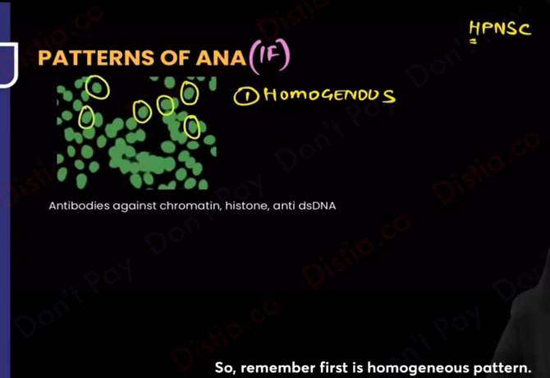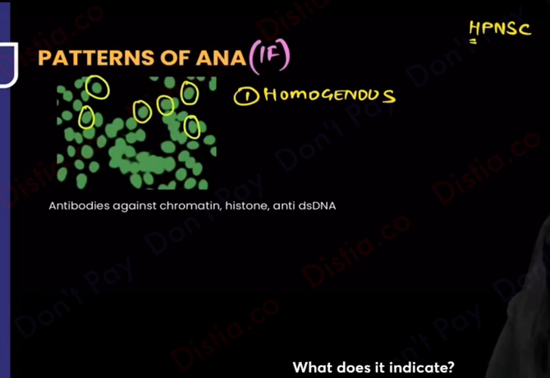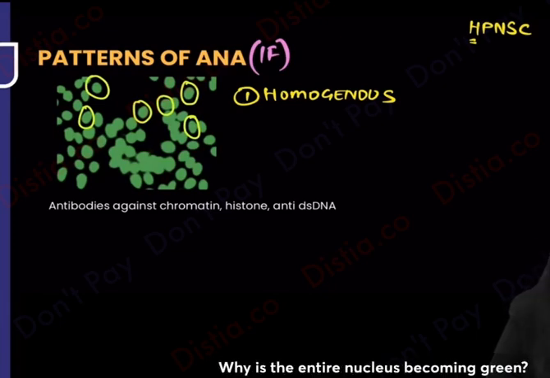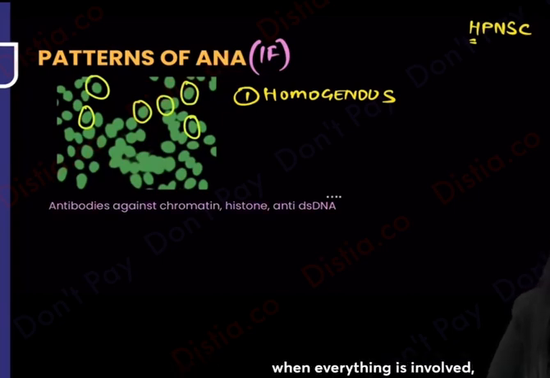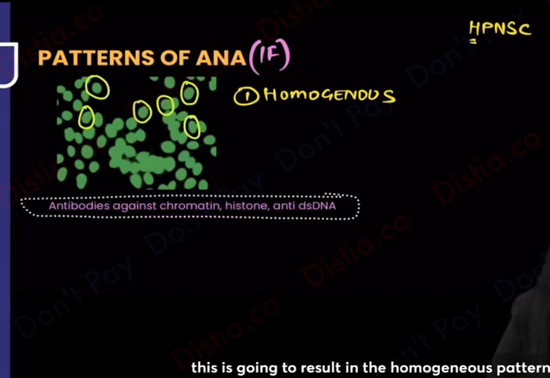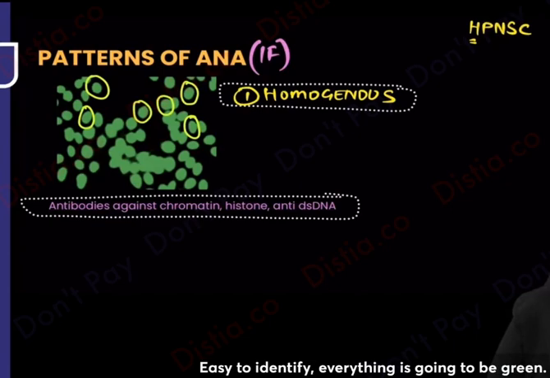So remember, first is homogeneous pattern. What does it indicate? Why is the entire nucleus becoming green? Because everything in the nucleus is affected, whether it is the chromatin or the histone or the dsDNA. When everything is involved, this is going to result in the homogeneous pattern. Easy to identify, everything is going to be green.